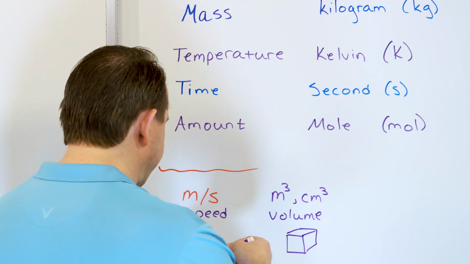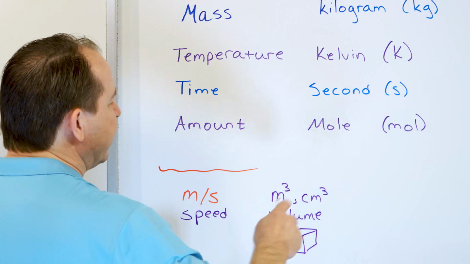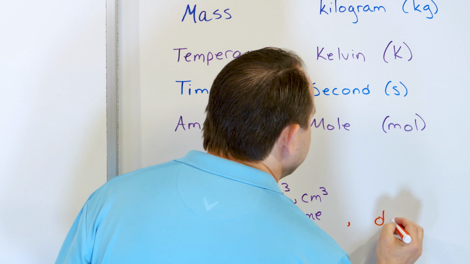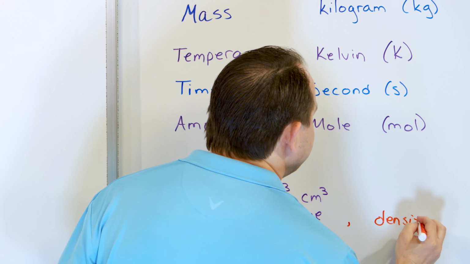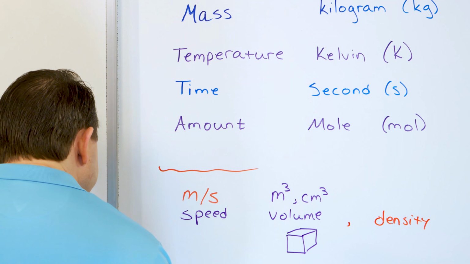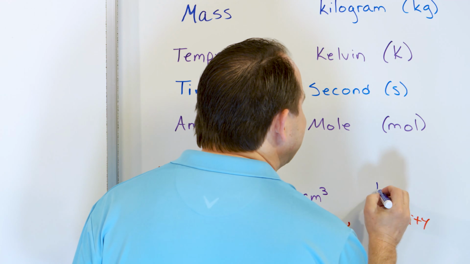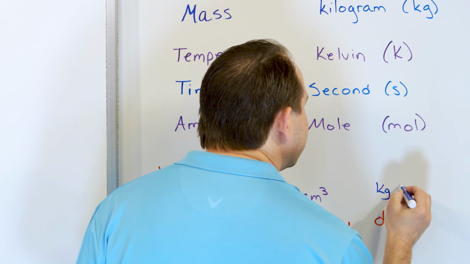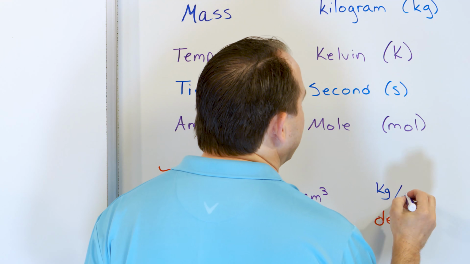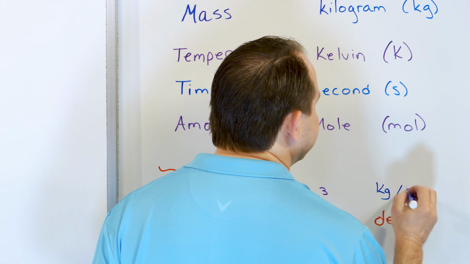And the last one I'll talk about here, and we'll get into this one in its own lesson as well, we have the unit of density. And we use that a lot in chemistry and physics. So the unit of density would be how many kilograms of mass something has compared to or divided by its volume. So kilograms per cubic meter, let's say.